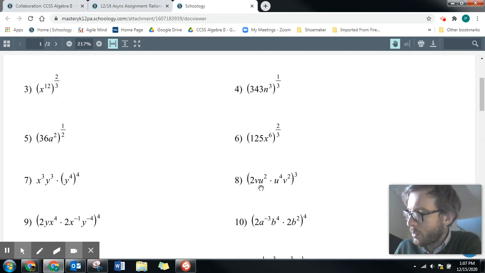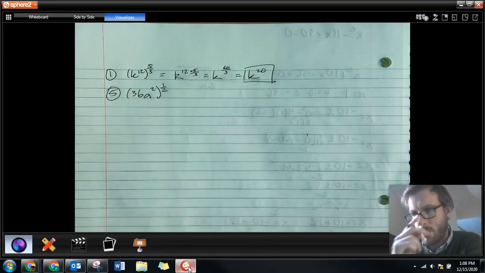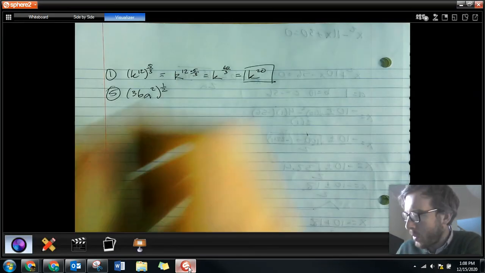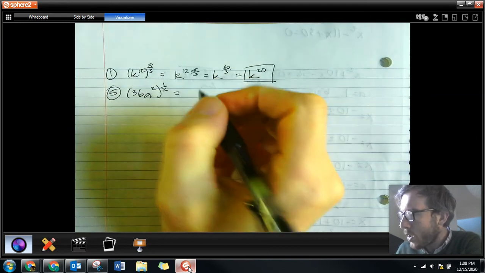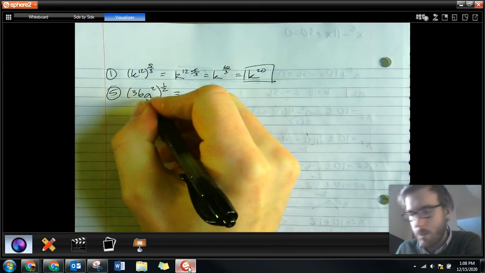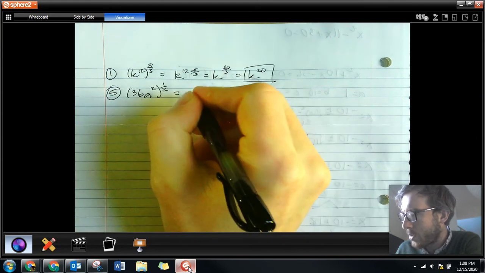Let's scroll down to number 5. Number 5, we're taking 36a squared to the 1/2 power. Remember that 1/2 is just another way to express a square root. But even if you don't remember that, when we have multiple things being raised to a power, we've got to take each of them separately.